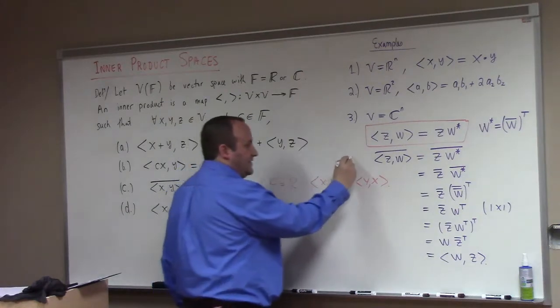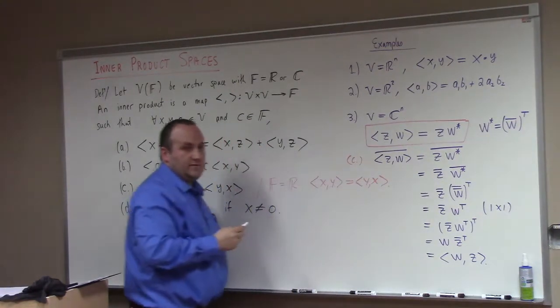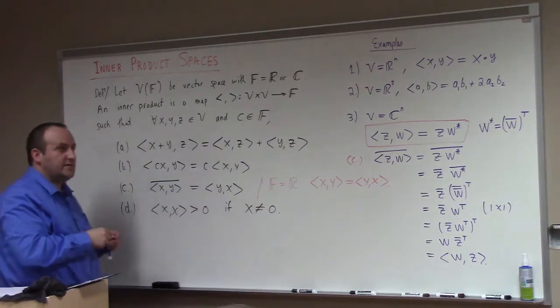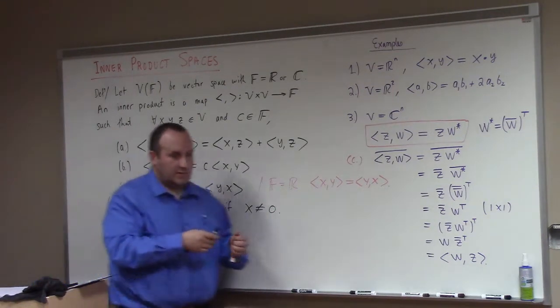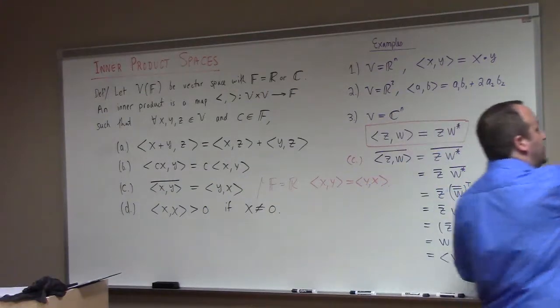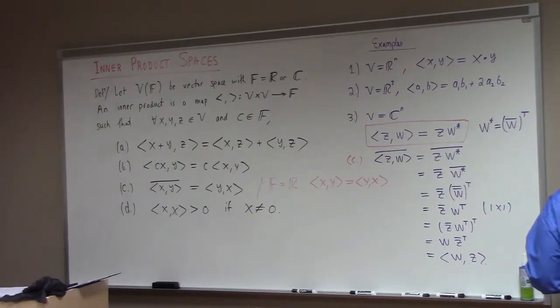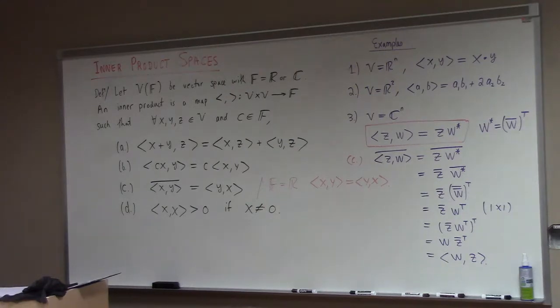So this is a verification of axiom C for the usual inner product of complex vectors. It's probably useful to take a second to unravel what this looks like in more detail. If you have Z with W, in other words Z1, Z2, Zn, inner product with W1, W2, Wn, what does that formula actually mean?